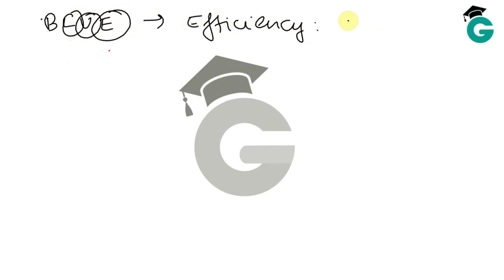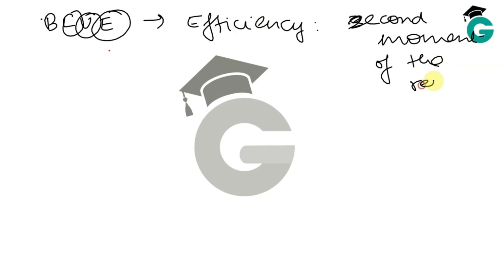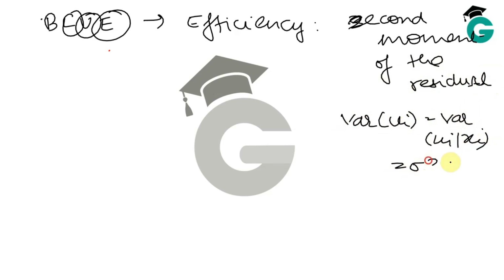Now, efficiency has got to do with the second moment of the error term. So second moment of the residual, which is variance of ui, which is equal to variance of ui given xi, which is equal to sigma squared.